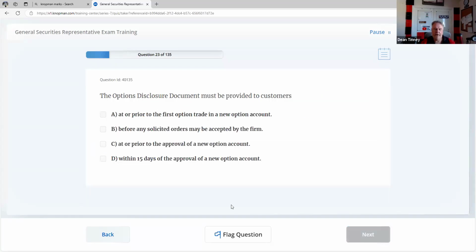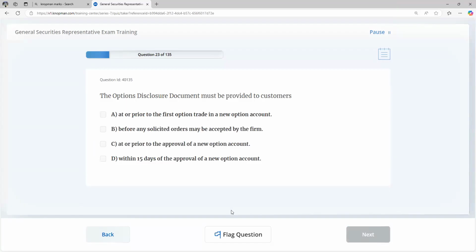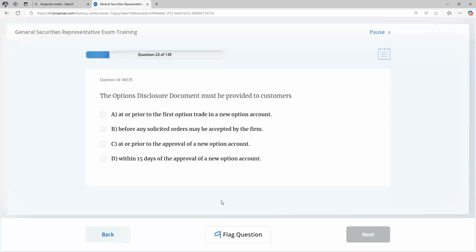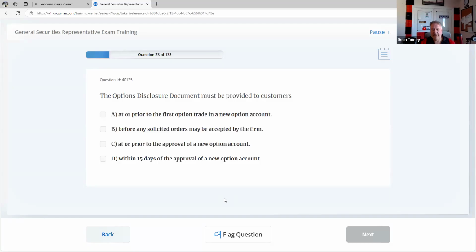The options disclosure document must be provided to customers. Isn't it within 15 days? Well, the 15 days is from account approval to get it back, not the approval of the new option account. It's at or before the first trade, right? What is the principal going to ask you? He's going to say, did you give the person the OCC disclosure document?